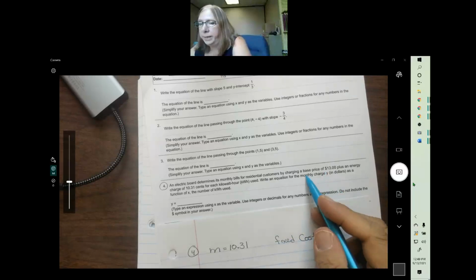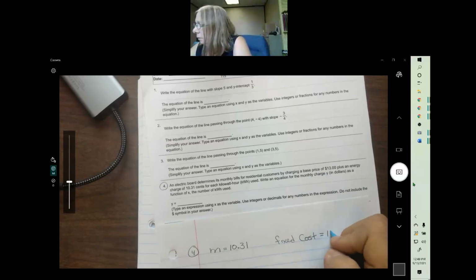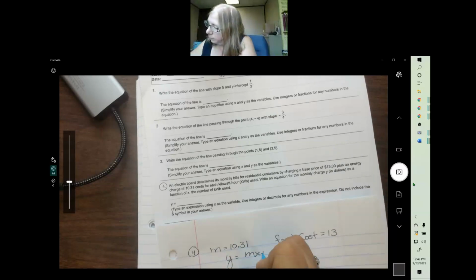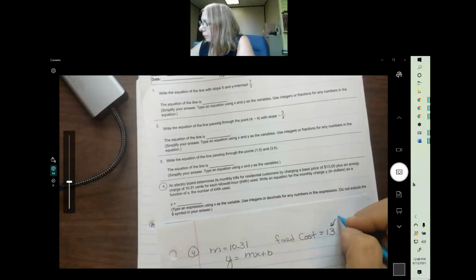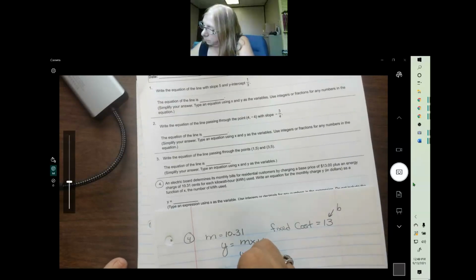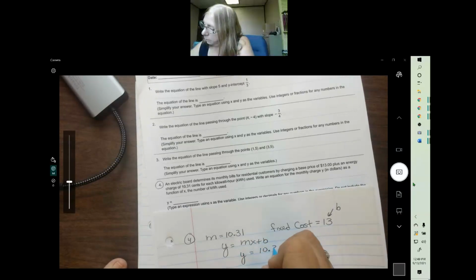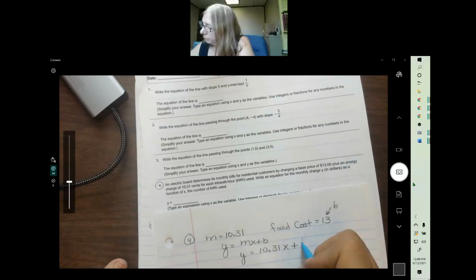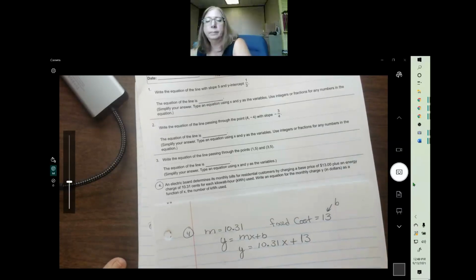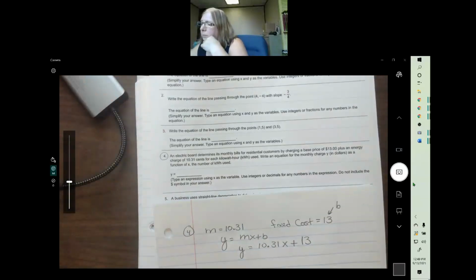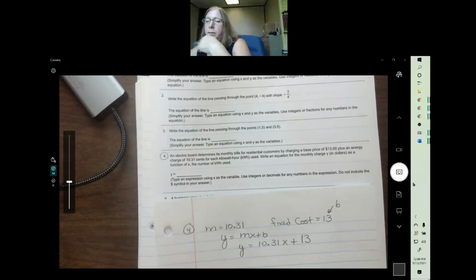Starting amount or base price. That's B. Any questions on that?